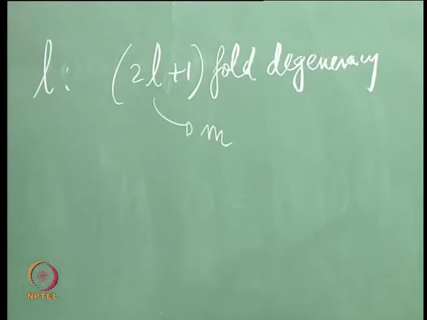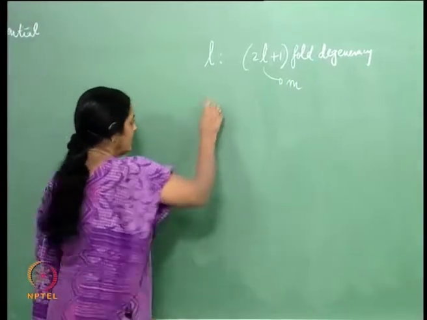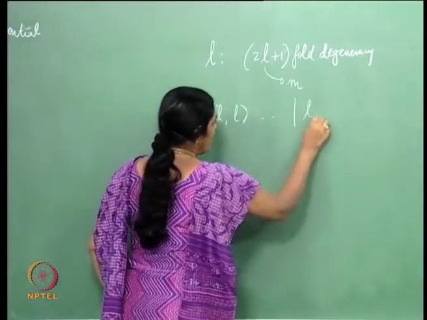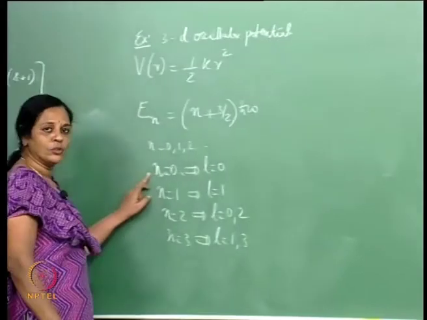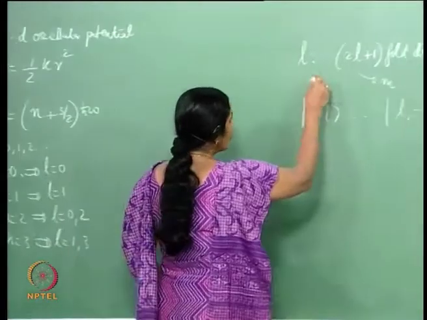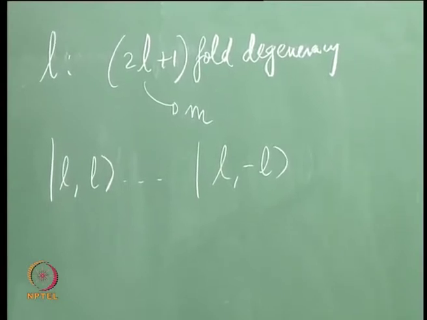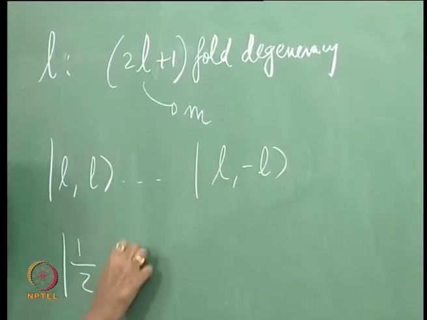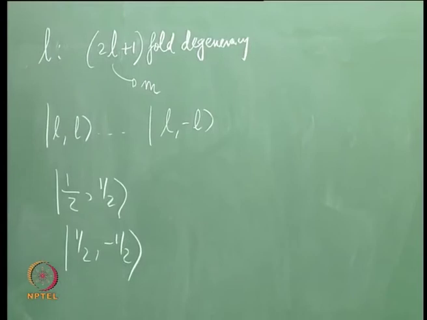So, for a given value of L, there are 2L plus 1 states ranging from L comma L to L comma minus L in steps of 1, and all of them would correspond to the same value of L and N. There is also a further degeneracy because of spin, because the proton and the neutron each are spin half objects, and therefore I could have used them in the spin up state or in the spin down state, which means the second component Sz could be half or minus half, and it won't make a difference.